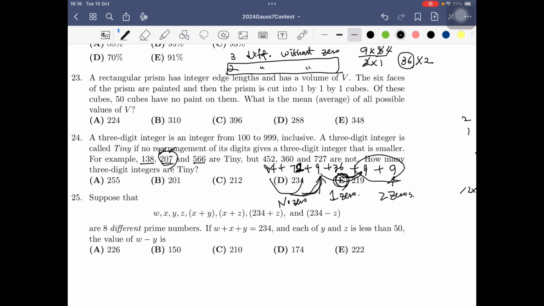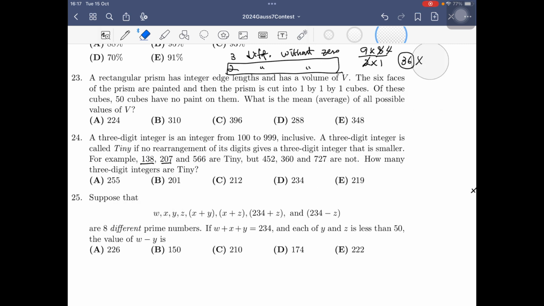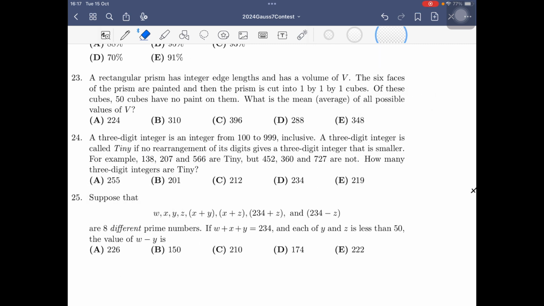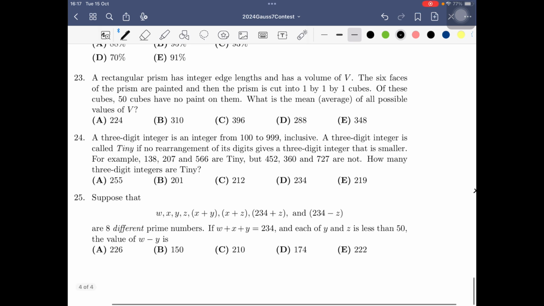And number 25, suppose that w, x, y, and z are 4 different prime numbers, with w, x, y, and z less than 50. Here, you know, odd numbers. Let's say if we add 3 odd numbers, let's say 5, this becomes an odd number, which is 9.